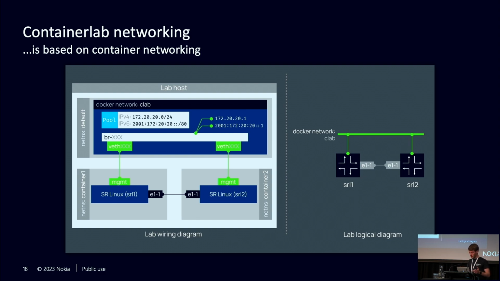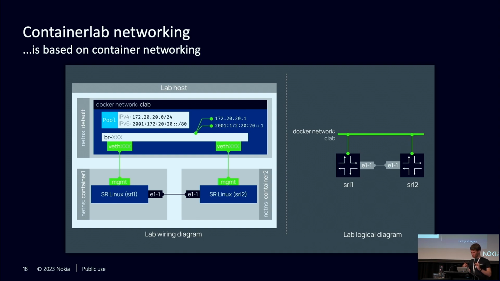You will see here that those 2 nodes each have, after being deployed, their own network namespace. So as you can see, the interfaces are created in each of those namespaces, and they are linked to the proper endpoints. So if you look at Ethernet 1.1, it goes from SRL1 to SRL2.